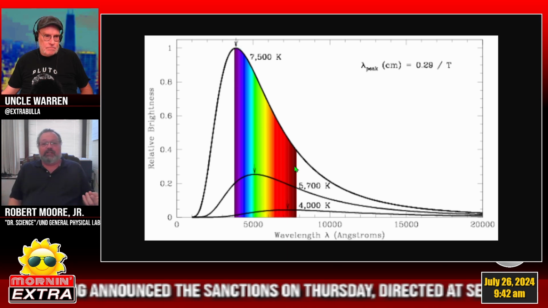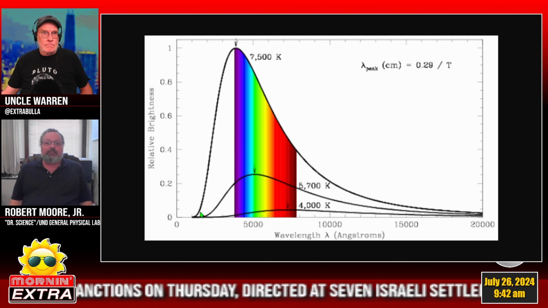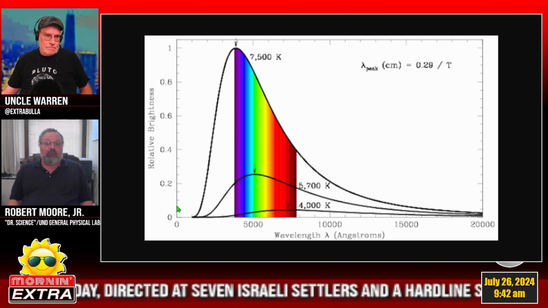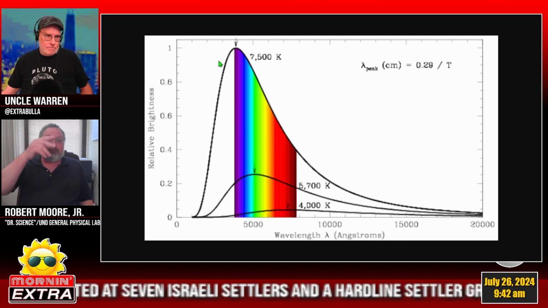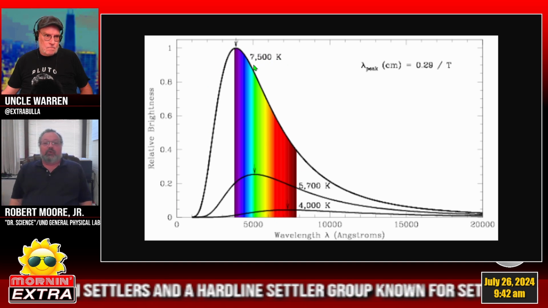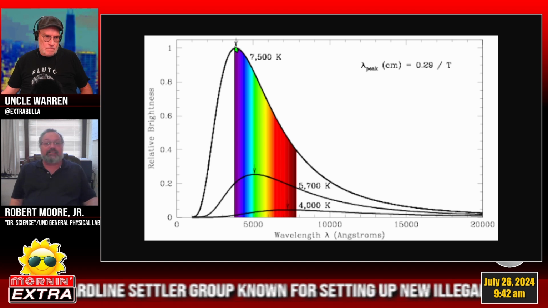And so the first thing we look at is these plots right here, because something that has a temperature greater than 0 Kelvin will give off light in this type of pattern. These types of curves. If you notice, there's a peak to the curve, a highest point, a highest intensity.